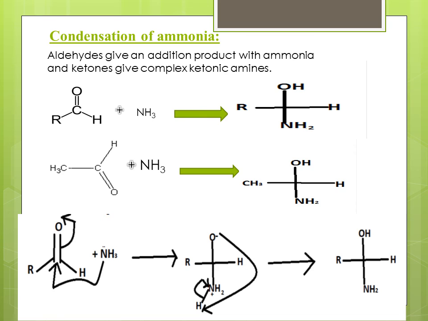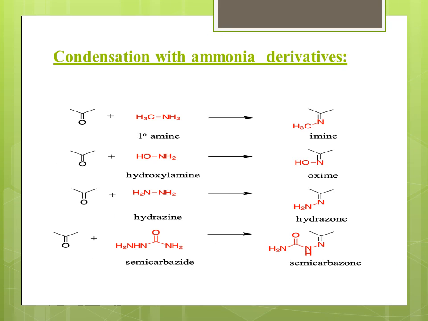The negatively charged oxygen will abstract the proton from this ammonium ion, and the N-H bond will neutralize the positive charge of the nitrogen atom, making it an aminol, which is your addition product.